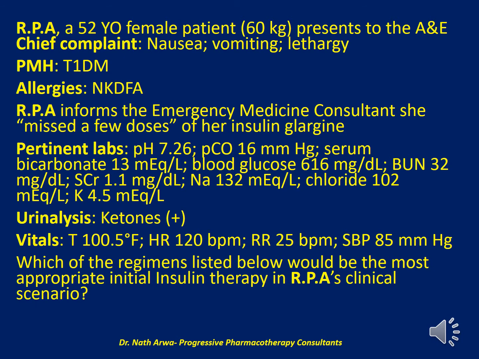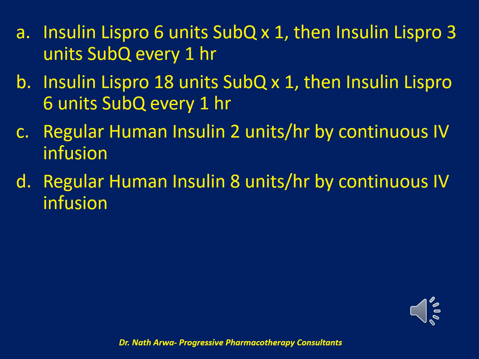So my question to you is, which of the regimens listed below would be the most appropriate initial insulin therapy in RPA's clinical scenario? Would it be A. Insulin Lispro 6 units subcutaneously stat, then insulin Lispro 3 units subcutaneously every 1 hour?